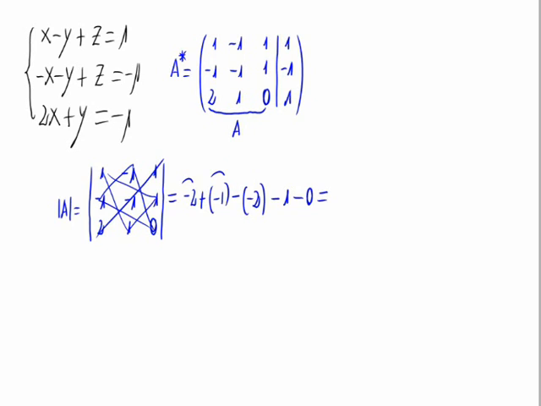The result of this determinant would be minus 2 plus minus 1 minus minus 2, that would be plus 2, minus 1 minus 0. And that is minus 2 plus minus 1 is minus 3, plus 2 is plus 1, minus 1, and minus 1 it would be minus 2.